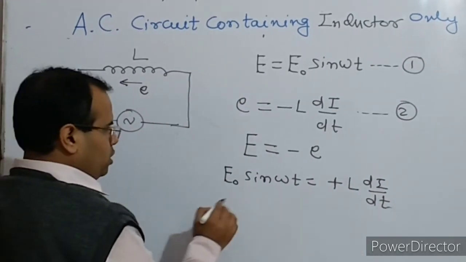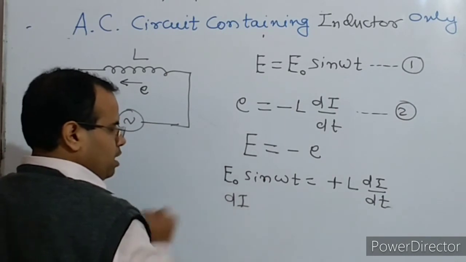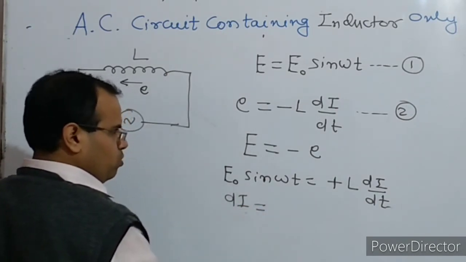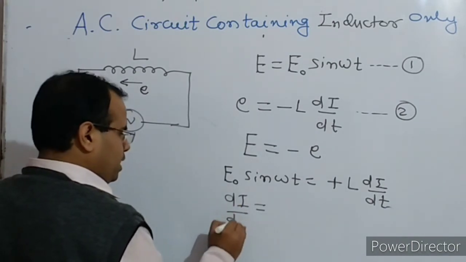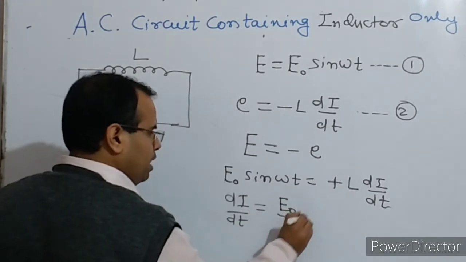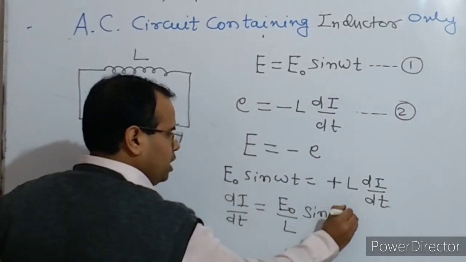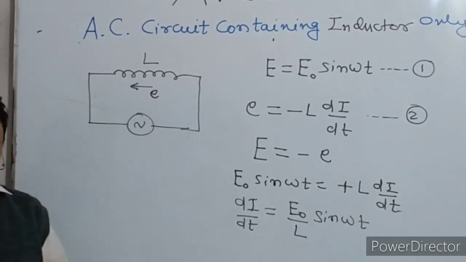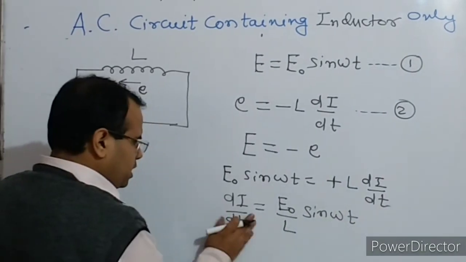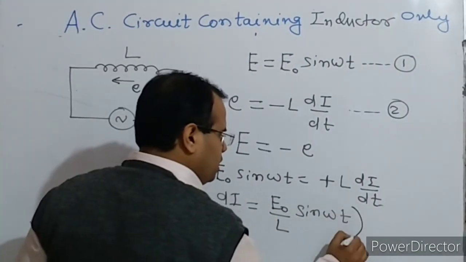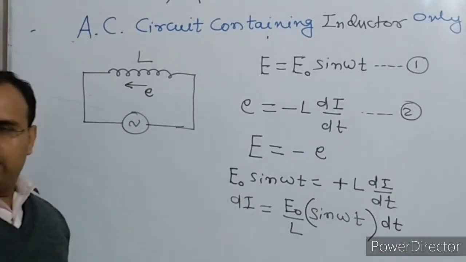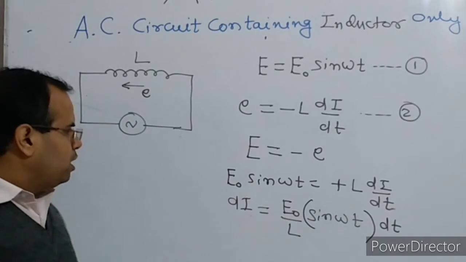Now we can write di by dt equals, L will come on this side, E naught upon L sine omega t. Now dt can be multiplied on this side, so di equals E naught by L sine omega t dt.